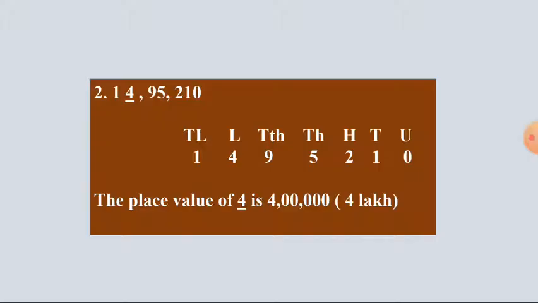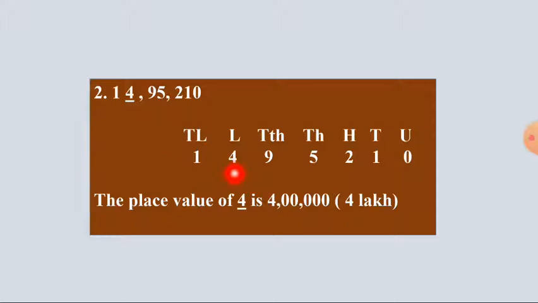Now moving to our next sum, leave one line and copy the next sum, which is 14 lakh 95,210. Leave one line, write the place value, then next line write the numbers below their place value. Now here in the sum 4 is underlined, so we have to write the place value of 4.